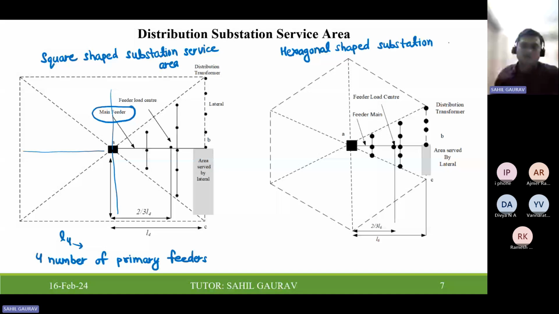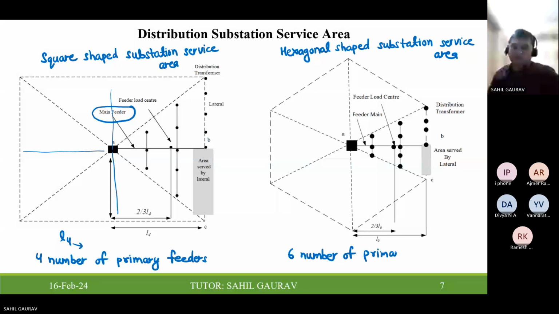So in this hexagonal means we have 6 primary feeders, and in L6, 6 denotes the number of primary feeders. And here L4 denotes the length of primary feeder.